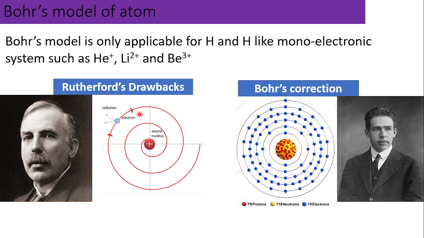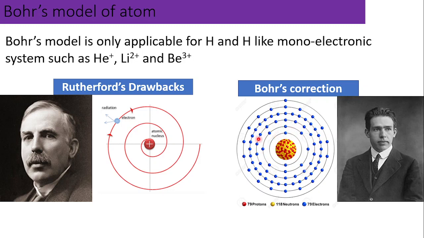How did he correct Rutherford's model? He proposed that electrons revolve around the nucleus, that's true, but these electrons can revolve only in some fixed circular paths, which are called orbits.